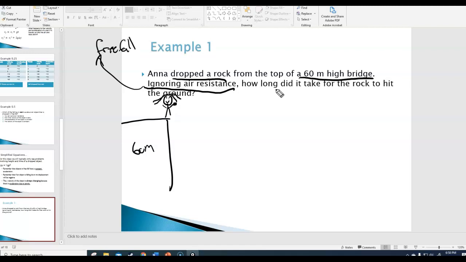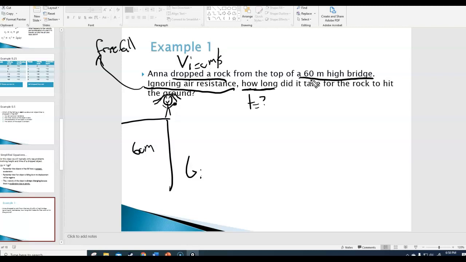The question says how long. Okay, so as you're reading these questions, you should be identifying your givens and your unknowns. Okay, so first of all, this is an unknown question. How long is always about time, right? So before I go to find my givens, number 1, if it's being dropped, of course, the initial velocity is 0.